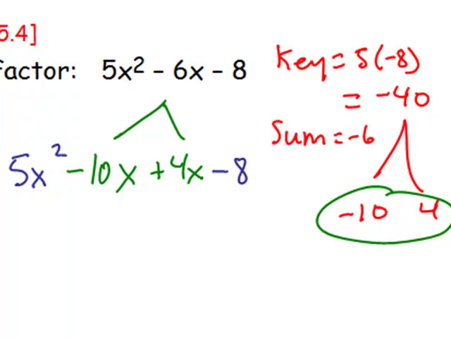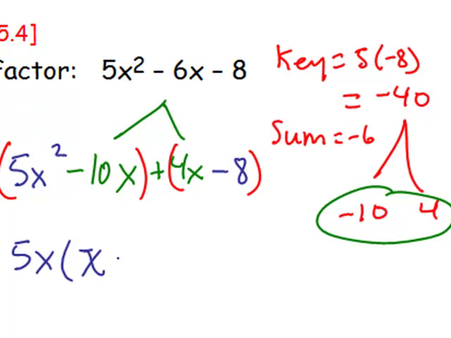And I see a plus sign between two groupings, so let me group the first two and group the last two separately. This is now 5x can be extracted or factored out, leaving us with x minus 2. And from the second grouping, we can factor out 4, again leaving us the quantity x minus 2.